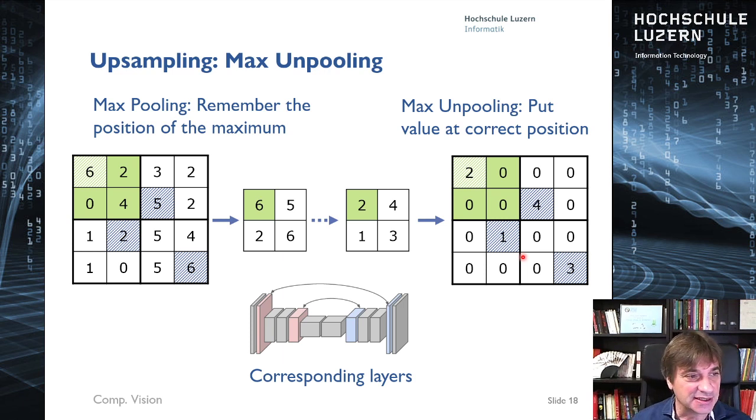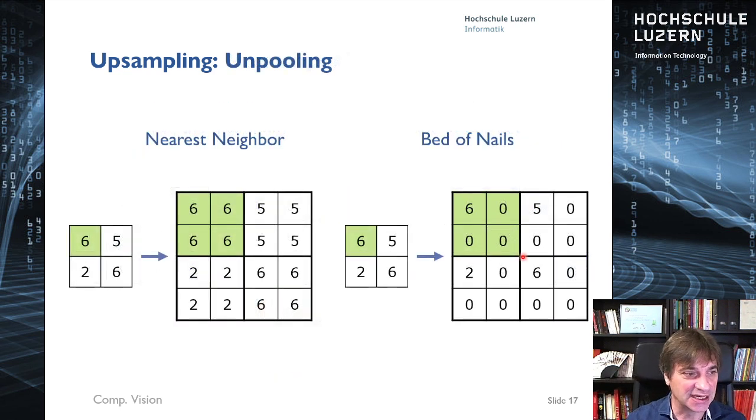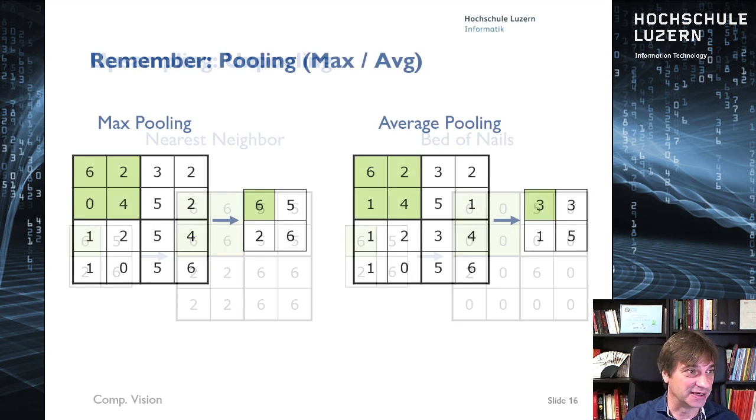Another possibility that has been found is max unpooling. If you go back to the last slide, you have seen I have no idea where to put the 6 here or the 5. So I just put it at one position, the upper left corner. It might be a bit better if I could actually put the 6 there where I took the maximum in the first place.